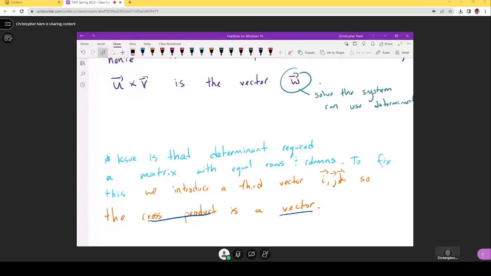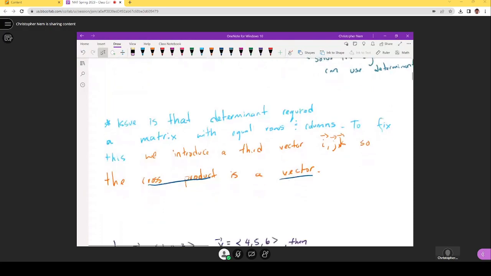To fix that 2 by 3, I can add another row that turns it into a 3 by 3. And to get a vector out of it, instead of using real numbers for the first row, I can just use vectors. I'm going to use the vectors i, j, and k. So I have a 3 by 3, but that first row is going to be all vectors instead of real numbers.